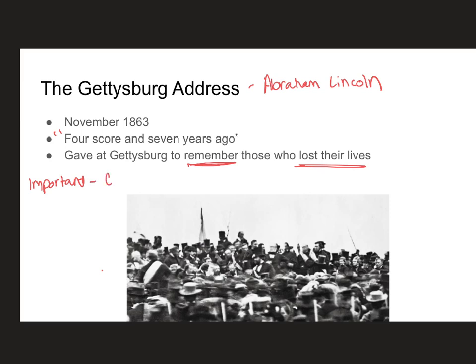He said that the Civil War was a struggle to preserve the Union. Essentially saying that Lincoln's main goal was that he wanted to keep the Union as one. He did not want the Union to separate into two. And that is it for today.